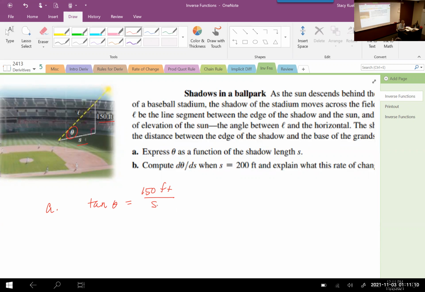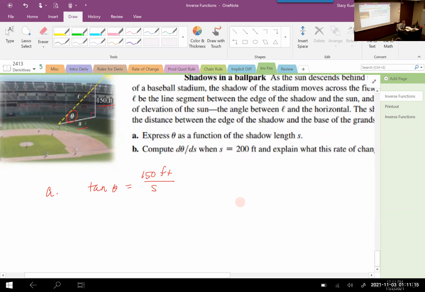Now, I want to compute d theta ds. That's the second part of this. The first thing you ought to do is take tan theta and solve it for theta, because theta is kind of hiding right there in that argument. And I'm going to take the derivative of theta with respect to s.